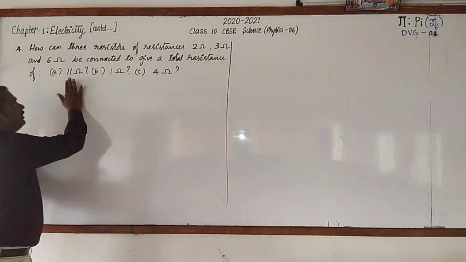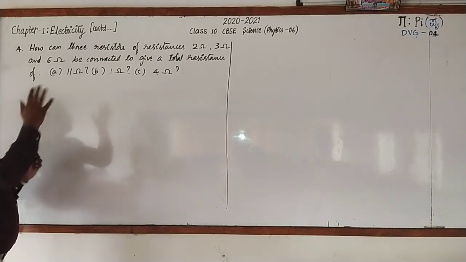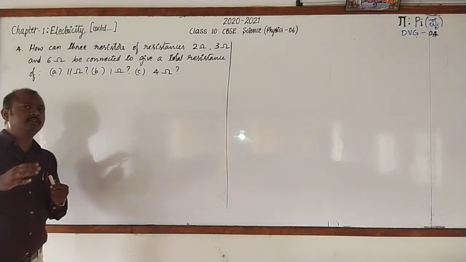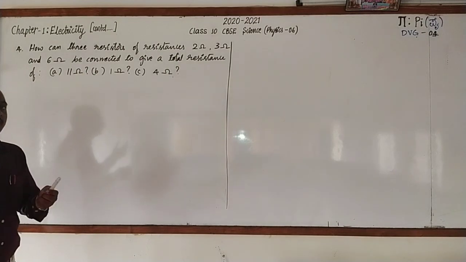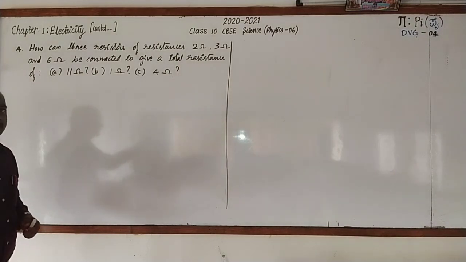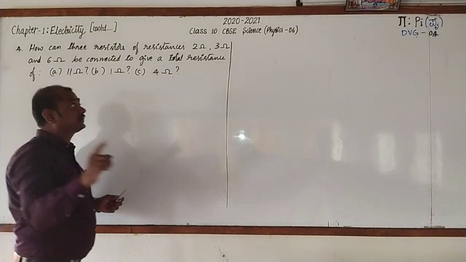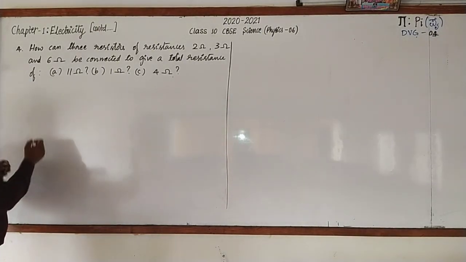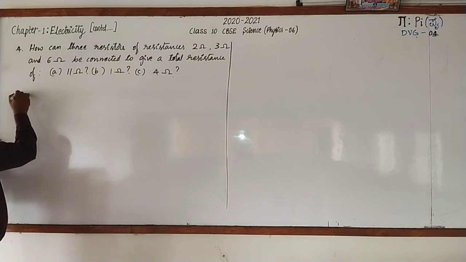See that here 11 ohm, that is highest one is there, right? 11 ohm, 1 ohm, 4 ohm. To get the highest value, how you are going to connect the resistors? Yes, you are right. They are to be connected in series. Now let us check it out. Look here. I'll go for answering one by one.